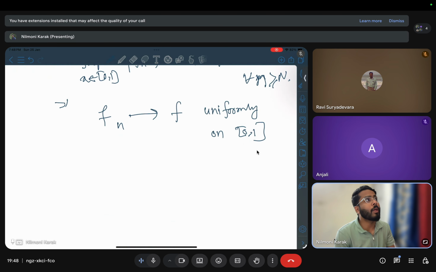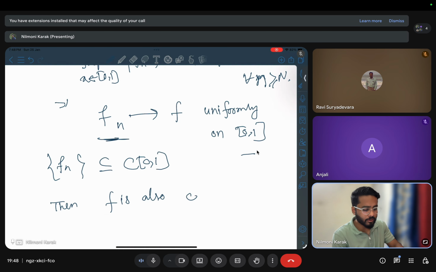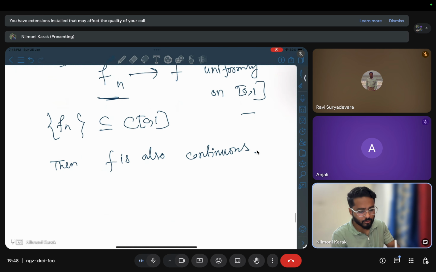Now one thing, a basic property from real analysis. These are all from C[0,1], meaning each f_n is continuous, and it converges uniformly to f. Then f is also continuous. So f is in C[0,1].